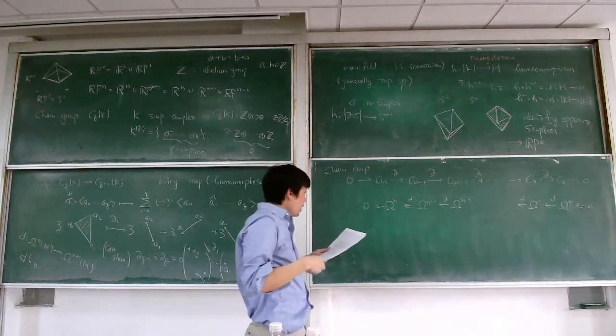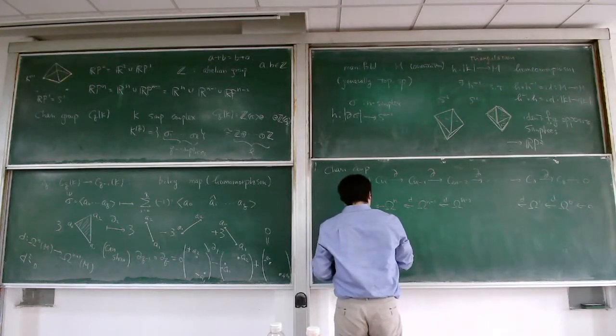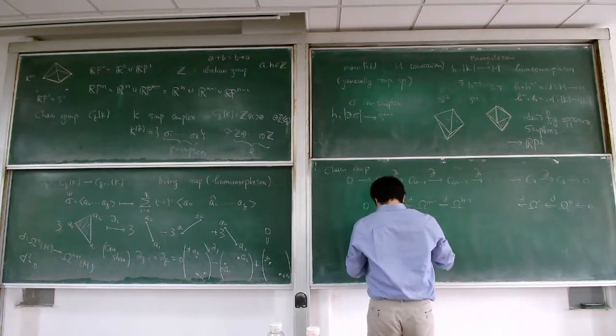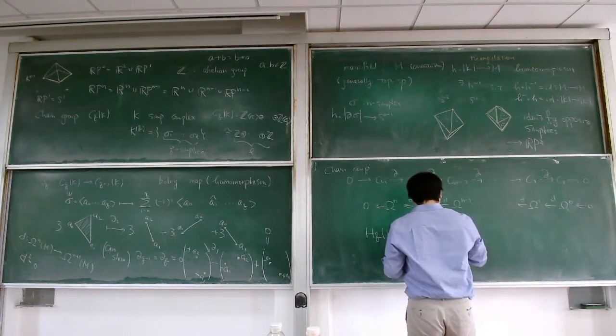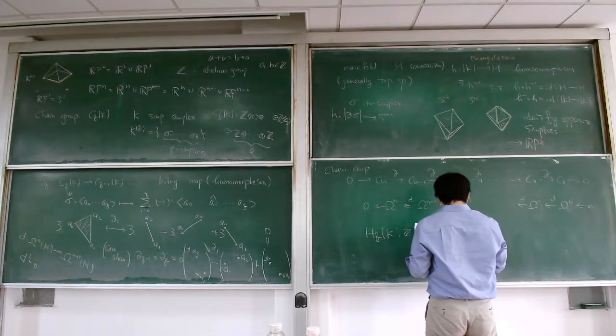Okay, and then similarly we can define the homology of k with Z coefficient, which is the kernel of phi k over the image of phi k plus 1.